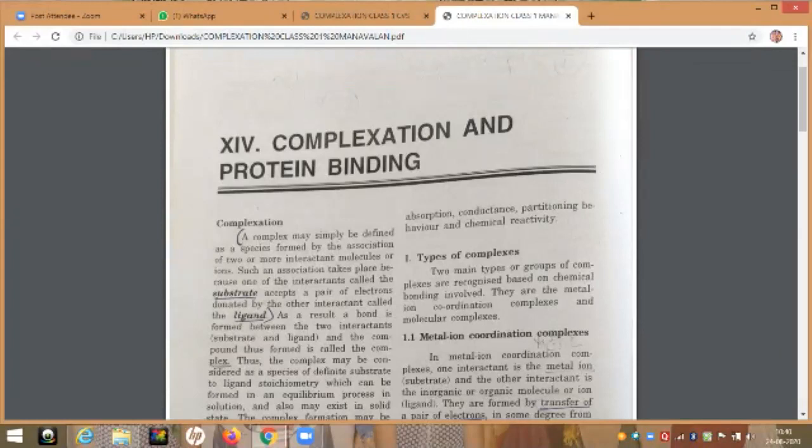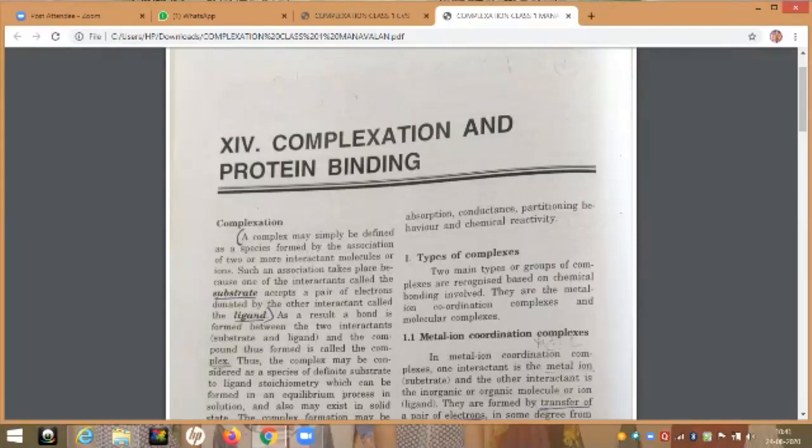One interactant will give away its pair of electrons, and the second interactant has a tendency to accept a pair of electrons. So this interaction between them, this association between them, will lead to the formation of a new substance or a new species which we call a complex.